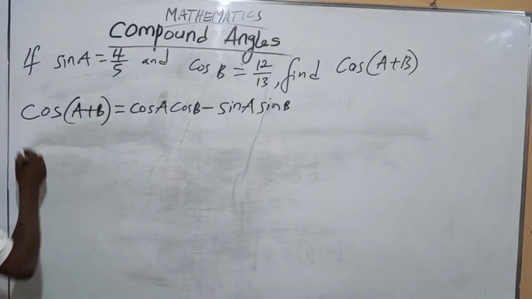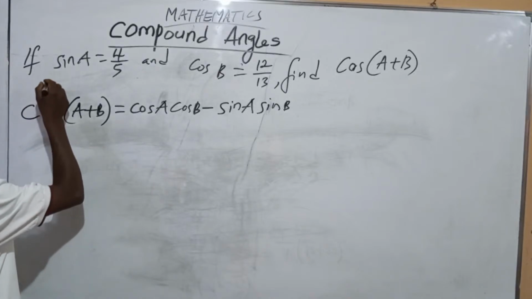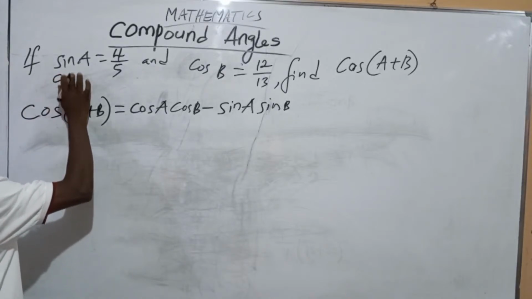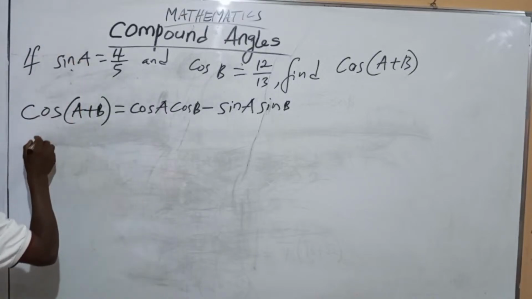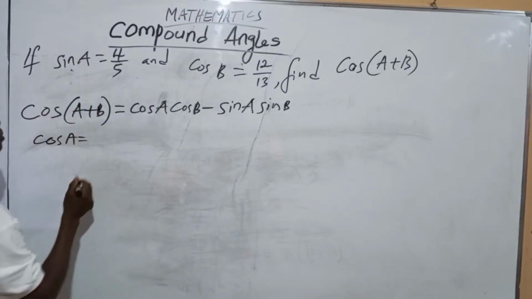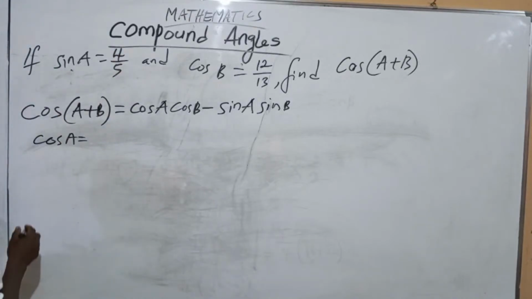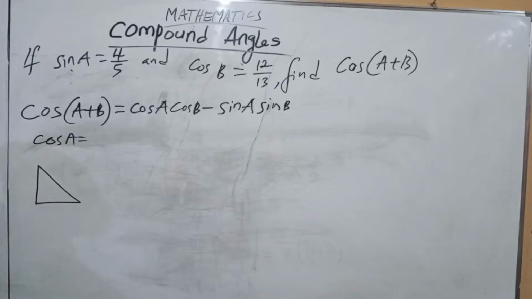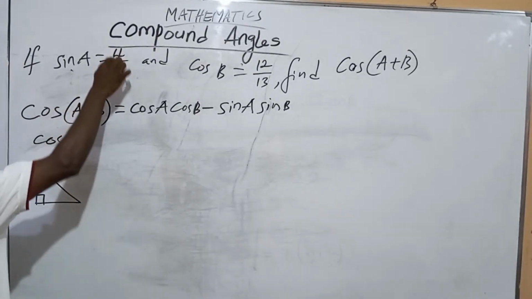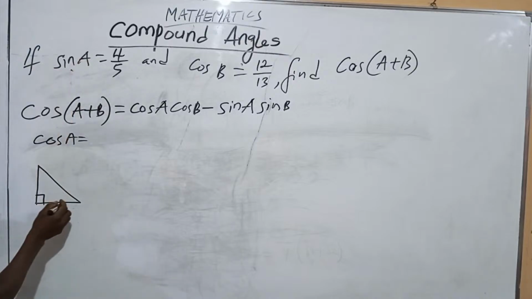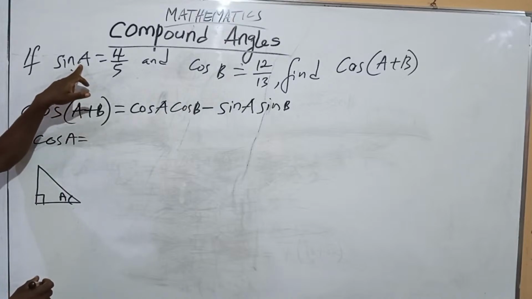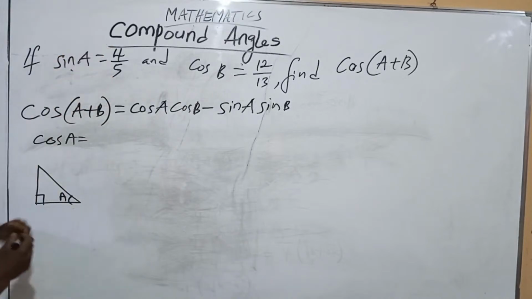So from that, we can get our cos A. If we have a right angle triangle in this format, in which we have sine A, opposite over hypotenuse, that is 4/5.